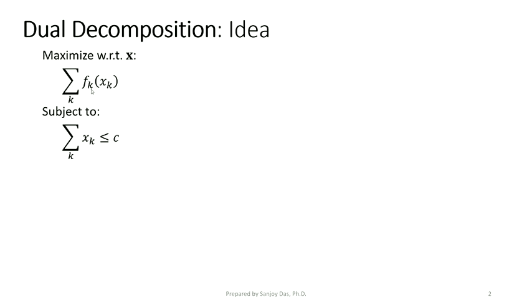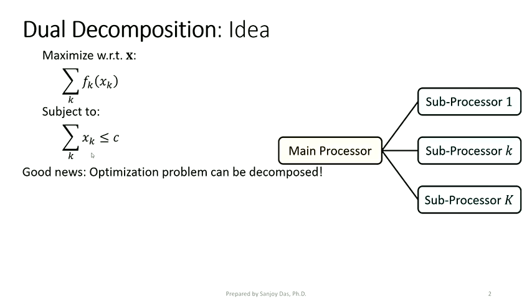Each of these is the utility gained by the kth subprocessor, and this is the total resource available. Each xk is a resource consumed by subprocessor k. So what we are trying to maximize is the overall benefit, the summation of all the utilities.